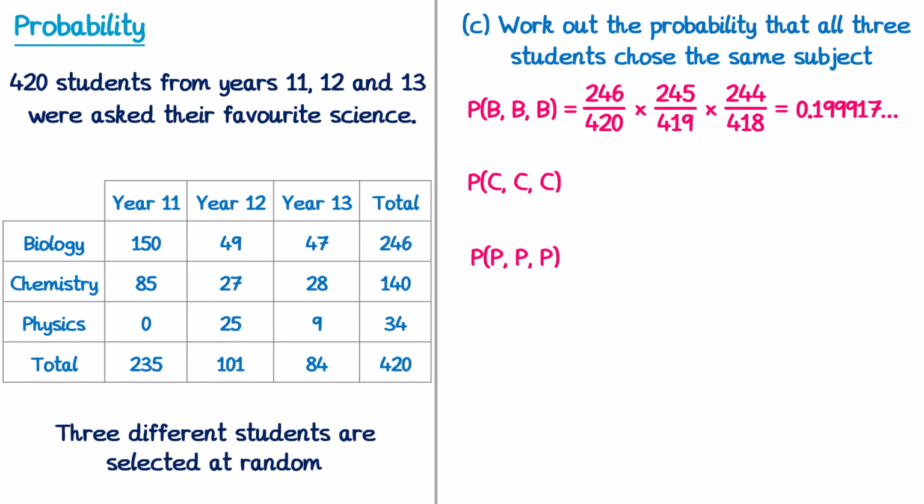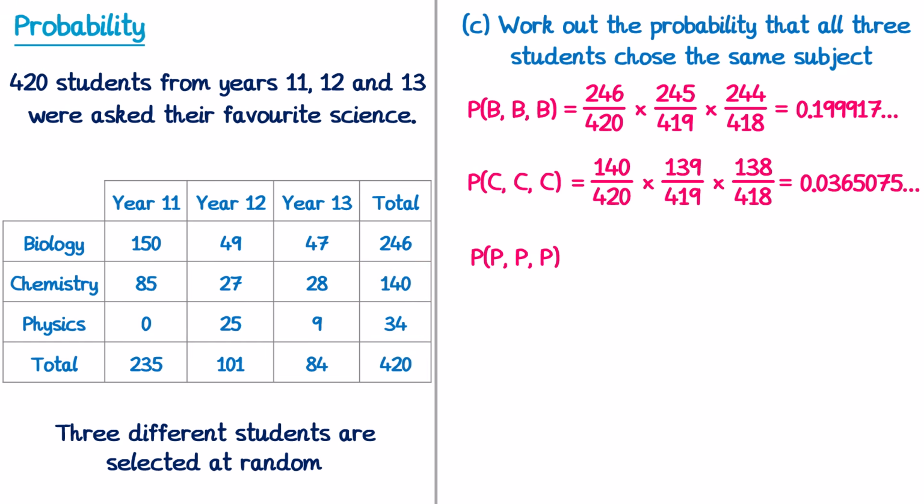If we repeat the same process for chemistry, the total number of students selecting that was 140 out of 420, so it'll be 140 out of 420, and then we multiply this by the probability that the second student also selected chemistry, which once again we'll need to reduce these numbers by 1, so 139 over 419, and for the third student we multiply this by once again reducing these by 1, 138 over 418, which will give you this number here.